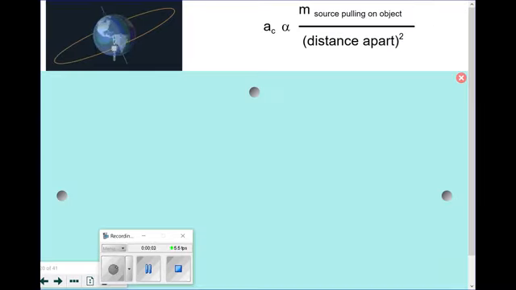So Newton was able to derive that the centripetal acceleration of a satellite, something that orbits something else, such as the satellite right over here, would be proportional to the mass of the thing that's pulling it into orbit, such as the Earth, divided by the distance of separation, or the radius of the orbit, squared.